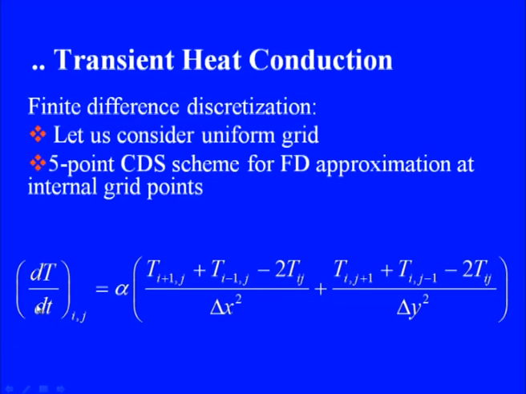What happens on the left hand side? Now the partial derivative of capital T with respect to time becomes an ordinary derivative. So that is why I have used the symbol d: dT by dt at grid point i,j is equal to alpha times the bracketed terms, T i plus 1 j plus T i minus 1 j minus 2 T i j divided by delta x square, plus T i comma j plus 1 plus T i comma j minus 1 minus 2 T i j divided by delta y square.